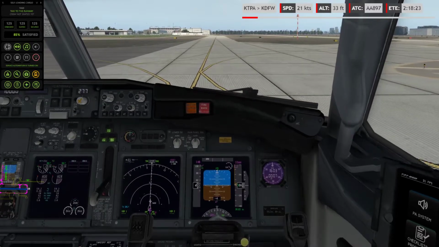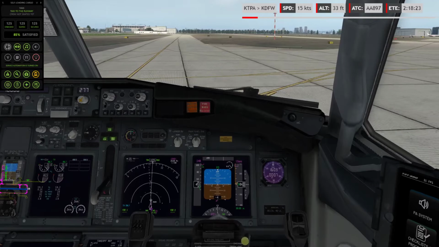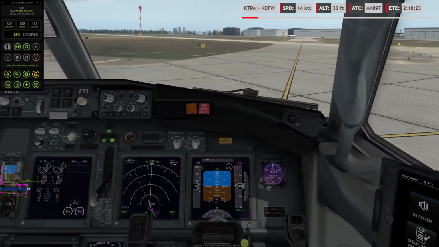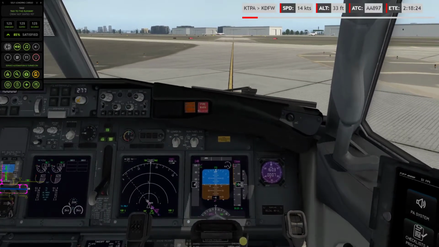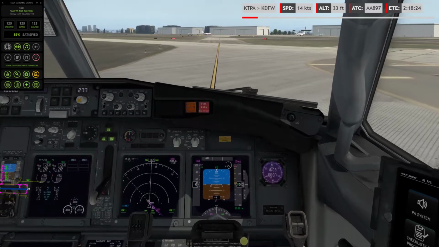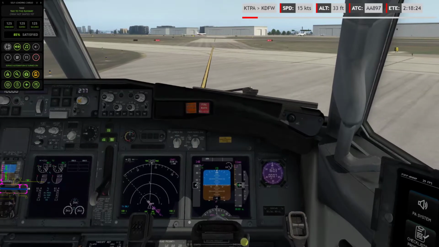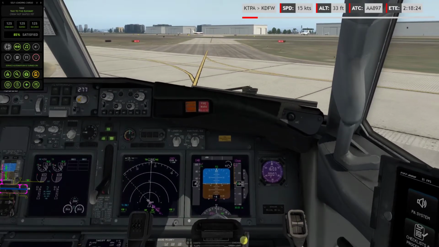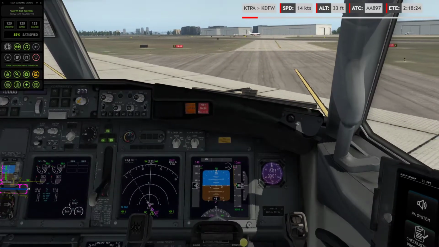Alright, we can actually make a right turn over here. And we are clear right, clear left. And make a left turn here. As you can see, 28 is just in front of us.